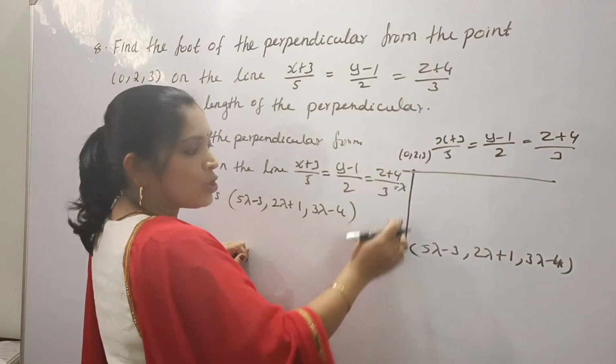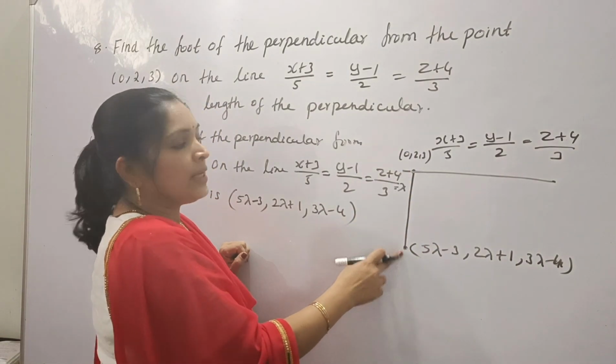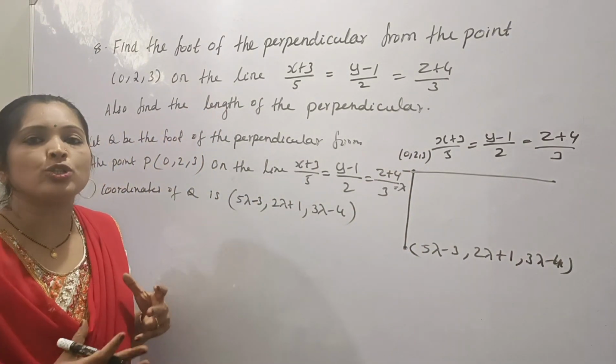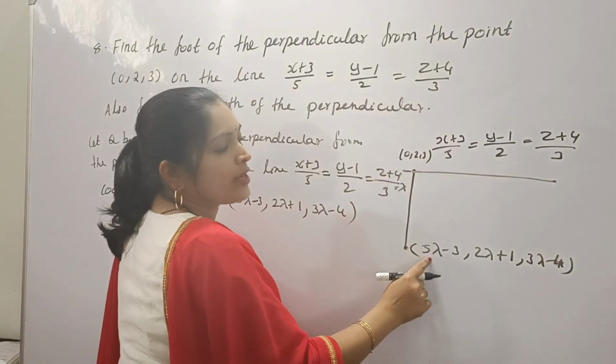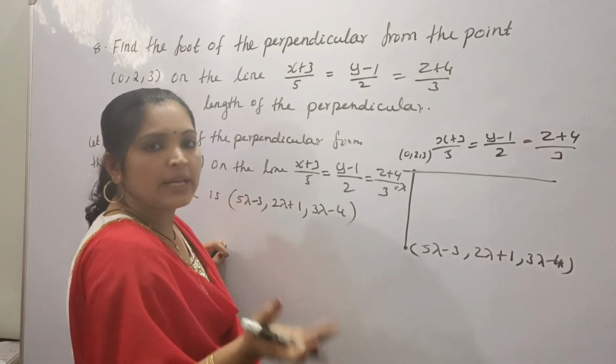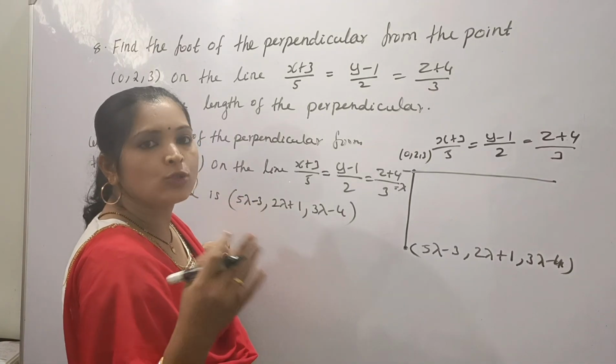How do we find the direction ratios of the perpendicular line? We know that the direction ratios of a line joining two points (x1, y1, z1) and (x2, y2, z2) are x2 minus x1, y2 minus y1, z2 minus z1.